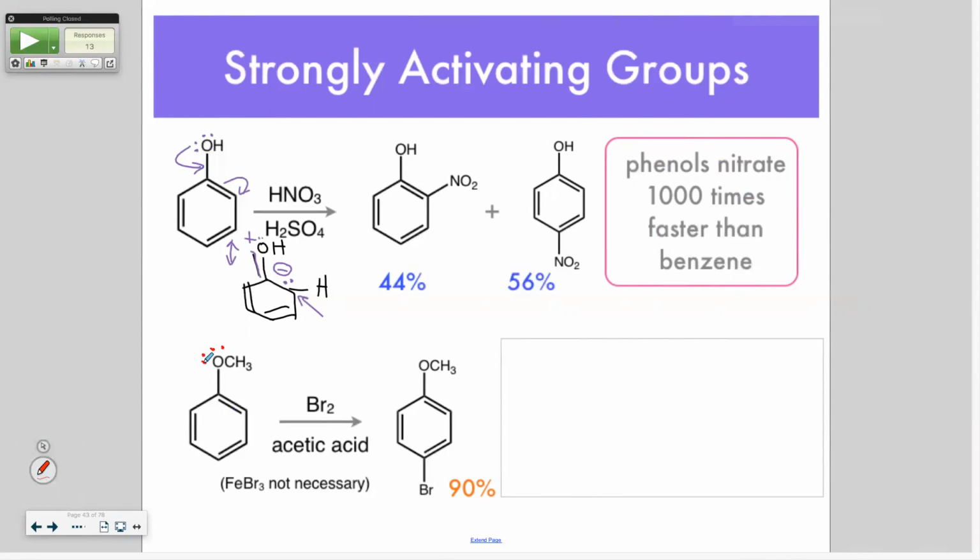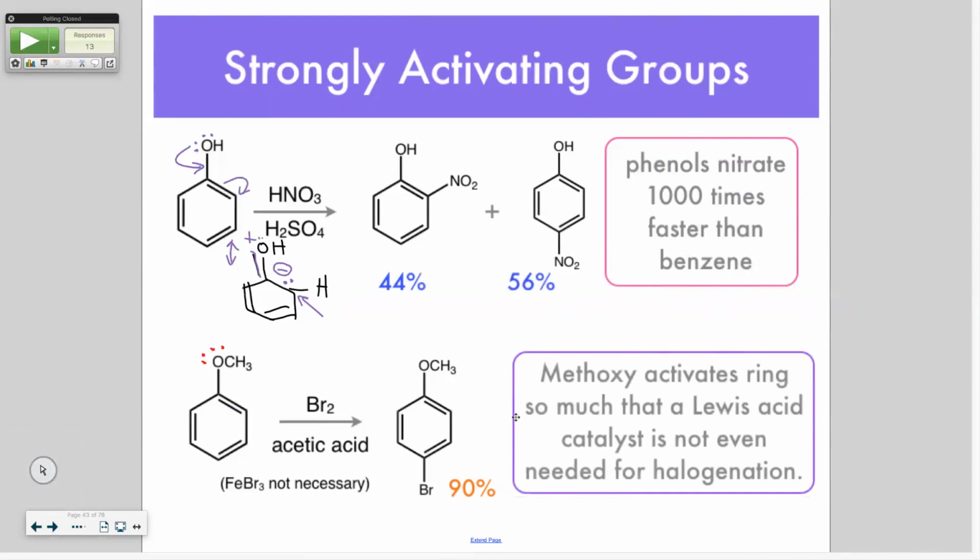You don't even have to have the Lewis acid catalyst. That's how good the oxygens are. Okay. And they got 90% yield of the para. I would not expect you to know that. What I would expect you to do is put ortho and para.